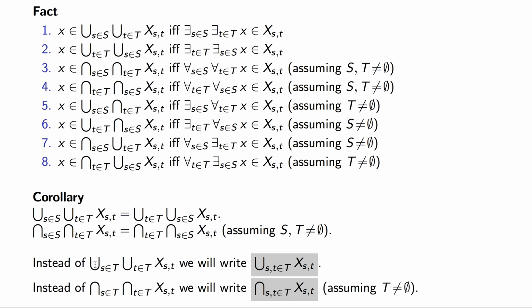In cases when we perform two unions over the same set, please notice S is in T and T is in T. When we are dealing with unions of this kind, the union can be written as the union with S and T in capital T, and similarly for intersections.